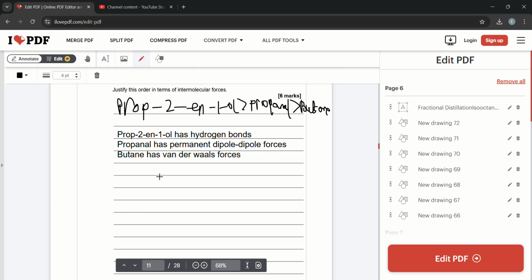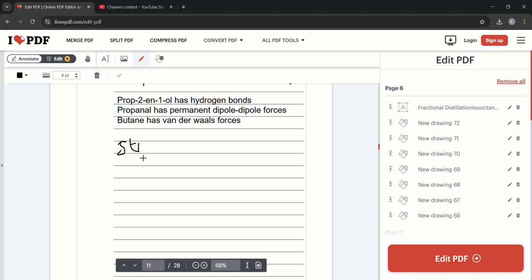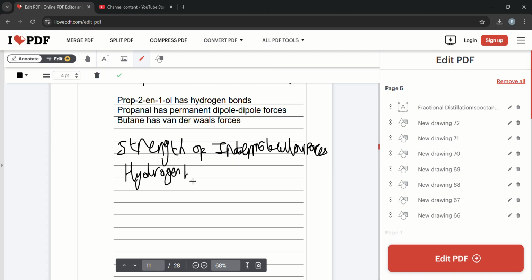And therefore, in terms of the strength of intermolecular forces, hydrogen bonds are the strongest, then dipole forces are second strongest, and then van der Waals forces are the weakest.